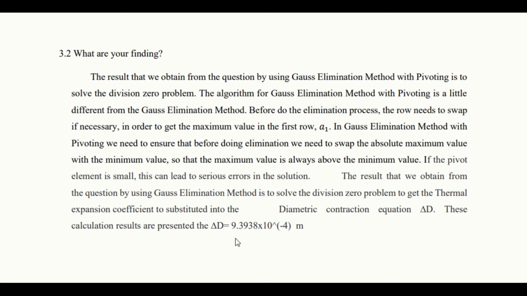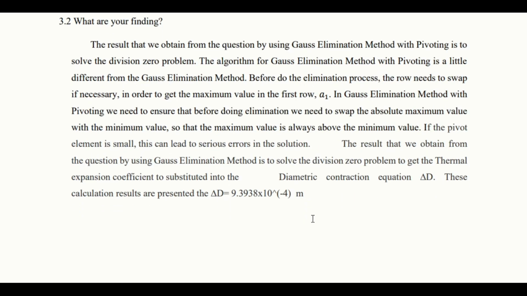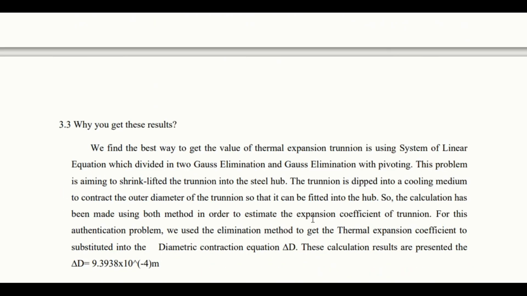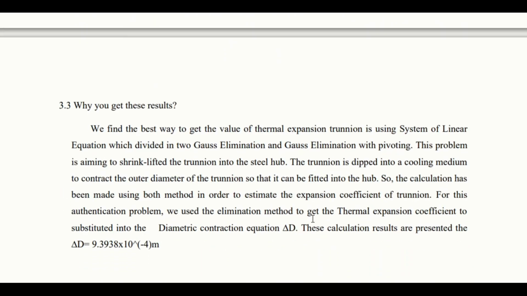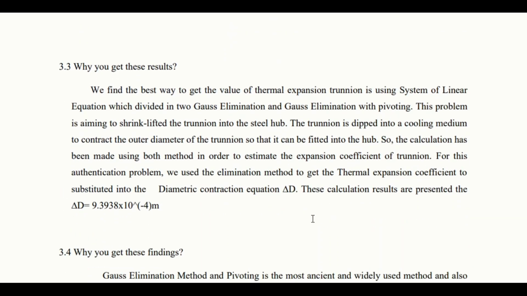The delta D is equal to 9.3938 times 10 to the power of negative 4 in meter. And why do we get this result? We find the best way to get the value of thermal expansion of the trunnion is using the system of linear equations, which is divided into Gauss elimination and Gauss elimination with pivoting.